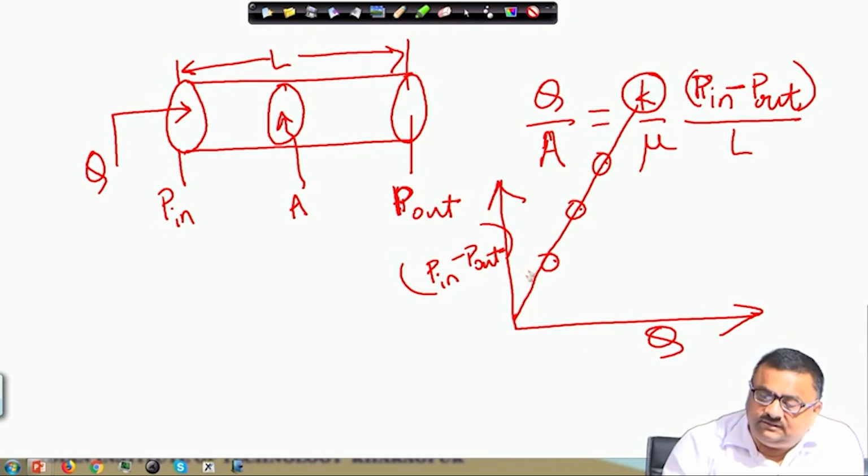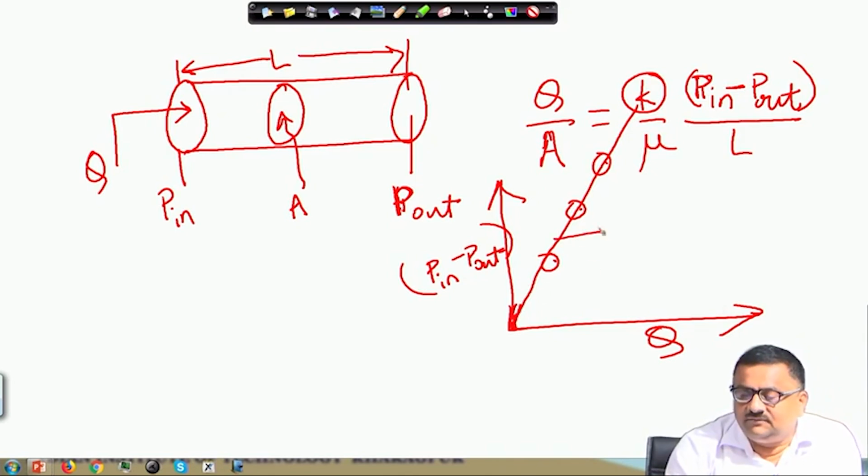That is how we define this slope, and we expect this line to pass through 0, 0, because there is no intercept to it. So, from the slope of this line, one can find out the permeability.